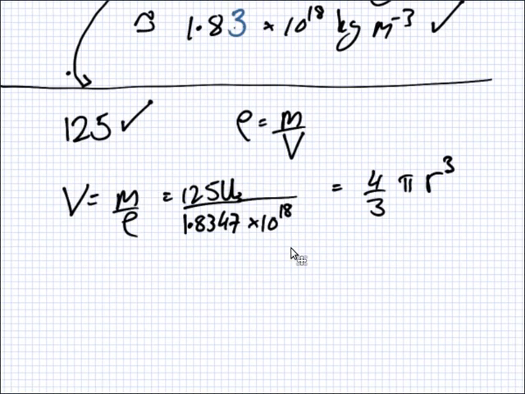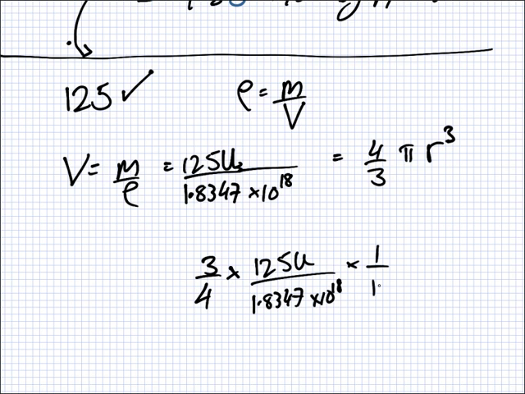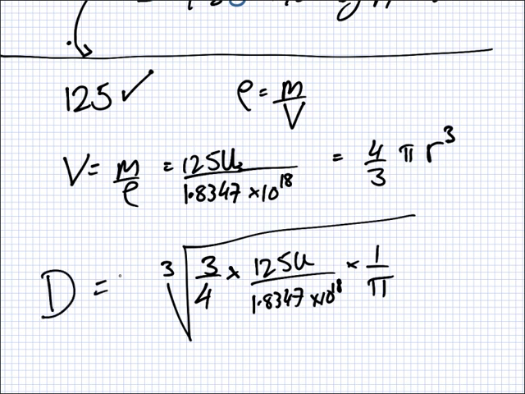So we'll get the r, we'll say this is 3 over 4 times 125u over 1.8347 dot dot dot dot times 10 to the 18 times 1 over pi, cube root. That gives me the r. I don't want the r, I want the diameter. So what do I do to this answer? That's 2. Times 2. See what we get.